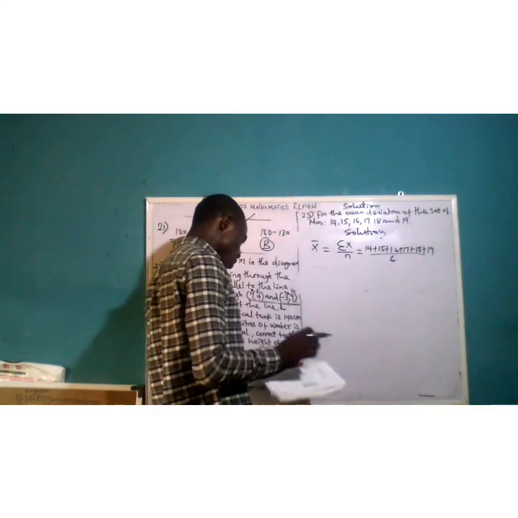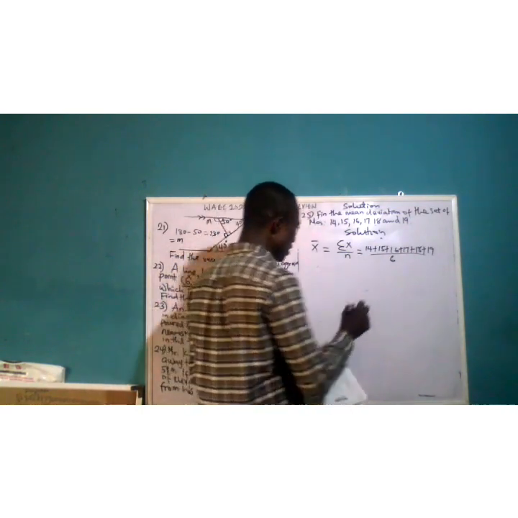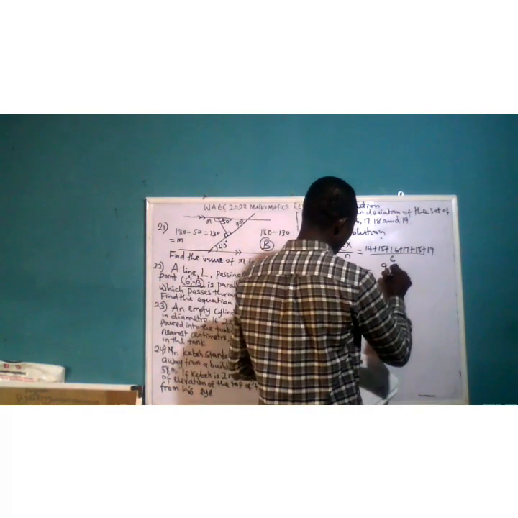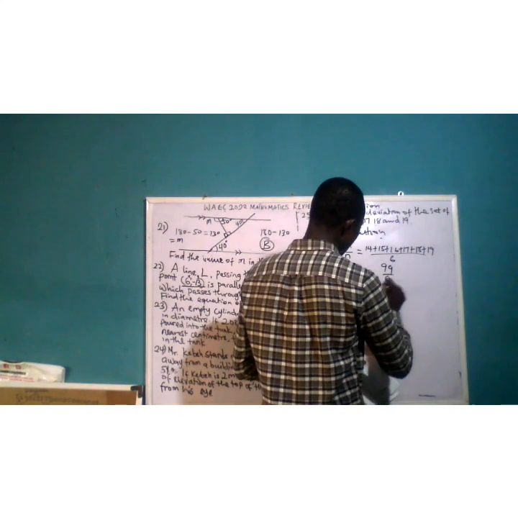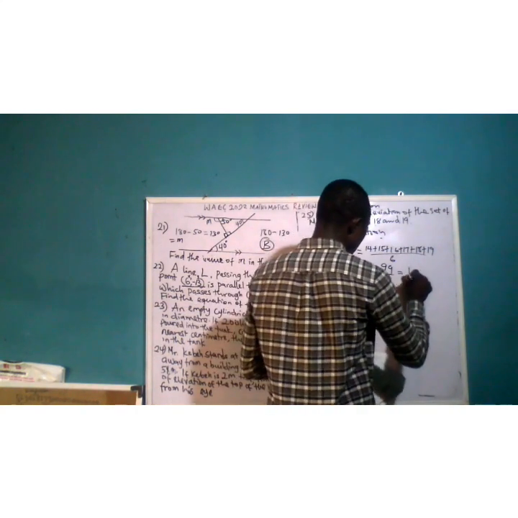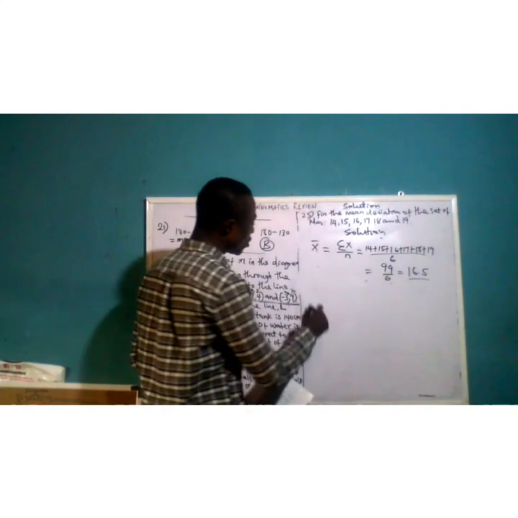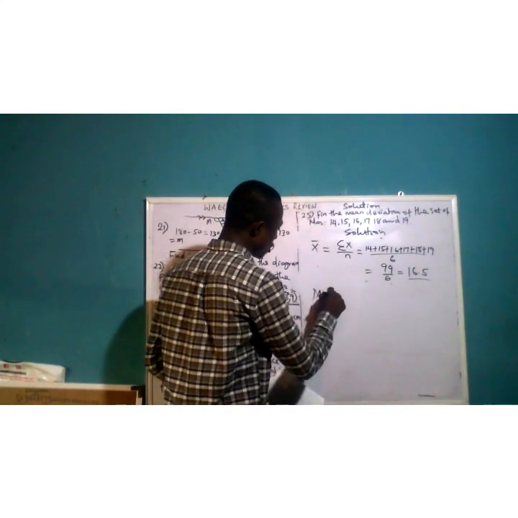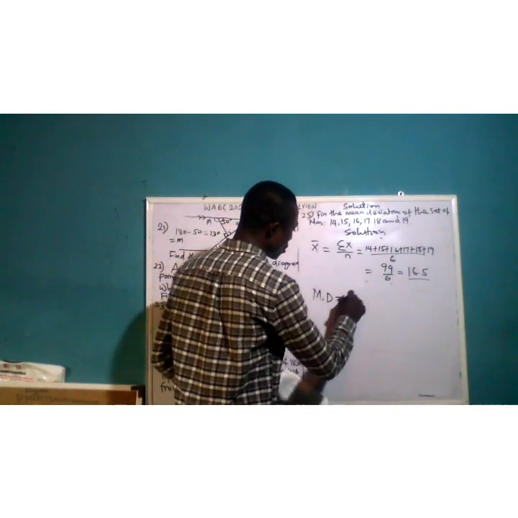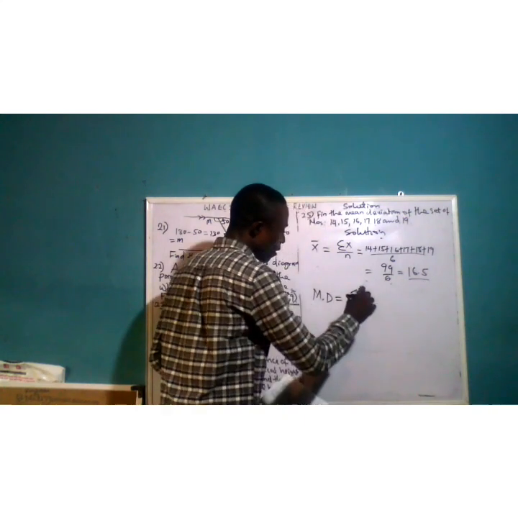If you use your calculator, that gives you 99. So this is equals to 99 all over 6, that's equals to 16.5.